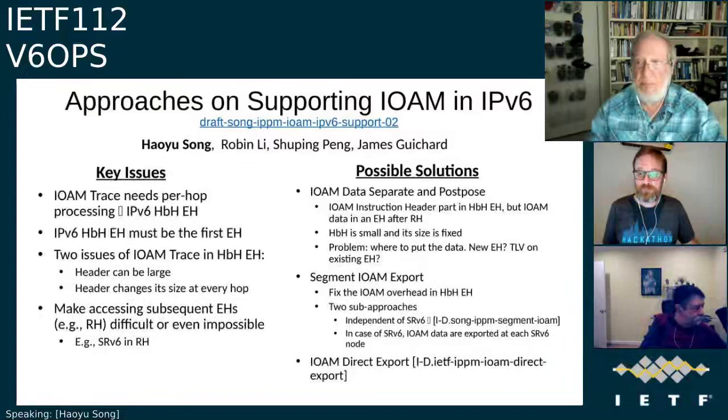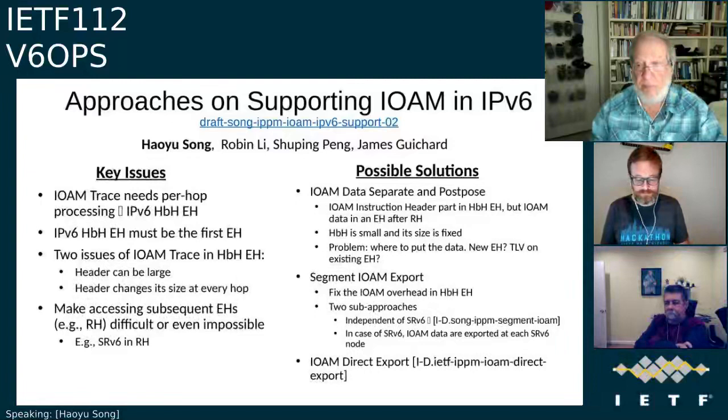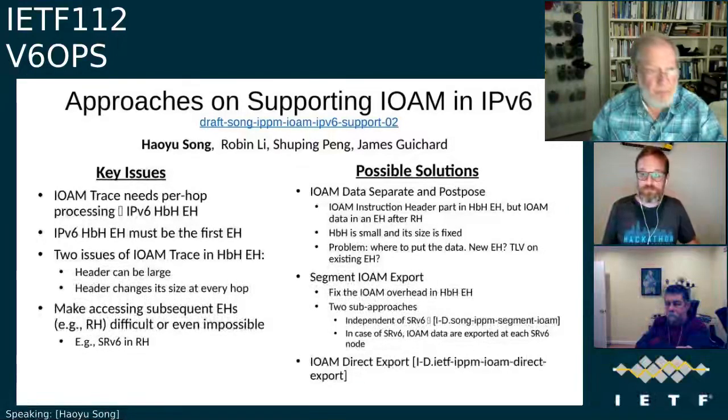The first issue is that IOAM as a choice option does need per hop processing. So that's why the natural place to host it is in the IPv6 hop-by-hop extension header. But by the RFC, the IPv6 hop-by-hop extension header must also be the first extension header in the chain.